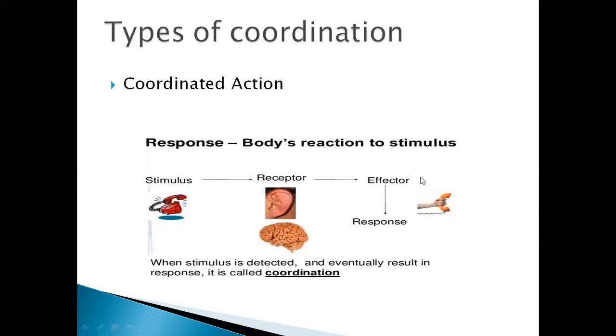The effector is your brain. Okay, this was the matter. Now if it was a sad matter or happy matter, your response depends on it. And the effector will work with the help of the coordinator that will give further response.